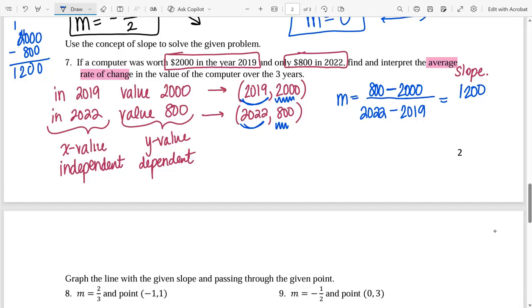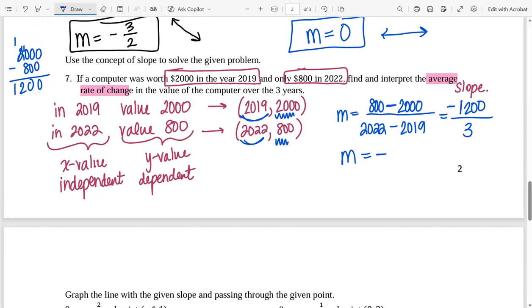Because I subtracted the bigger number, it was a negative 1,200. On bottom, 2022 minus 2019, that is a 3-year difference. And when I divide, negative divided by positive is negative.